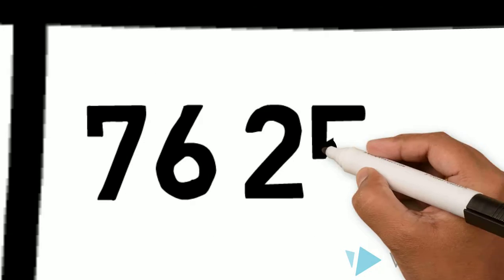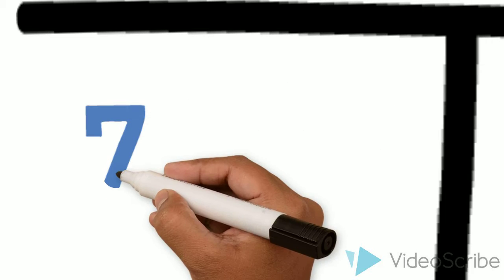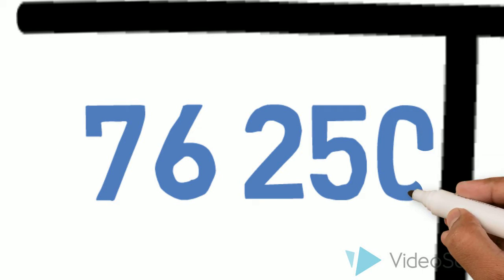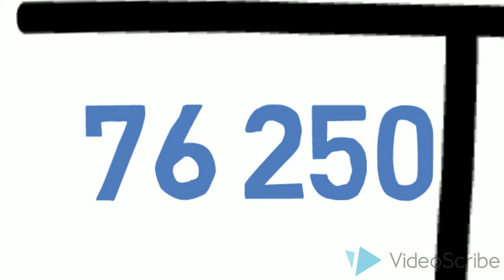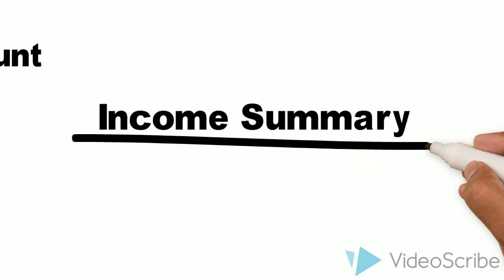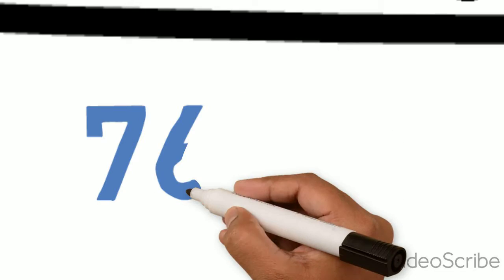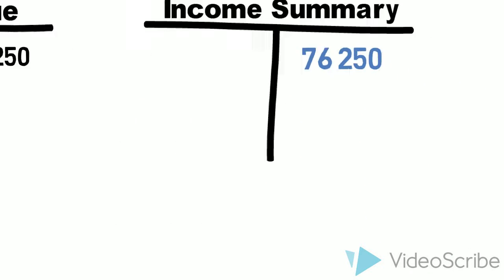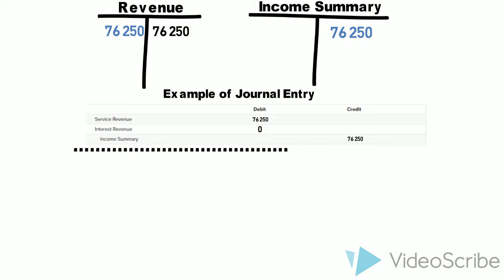So here's an example. We have a revenue account and the balance is $76,250. So now we debit $76,250 to zero out the revenue account. But the journal is not balanced, so we need to open the income summary account to credit $76,250. Now we have officially closed the revenue account.